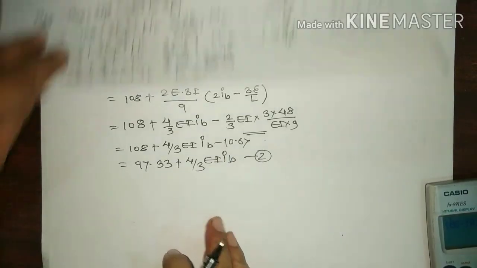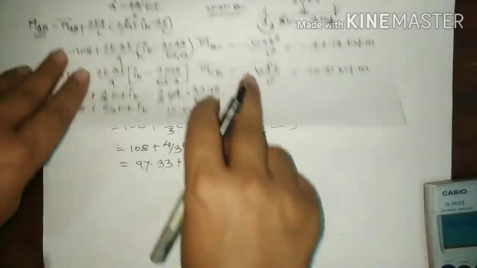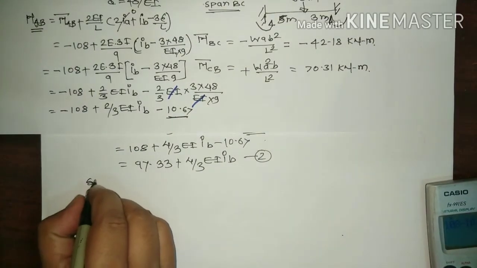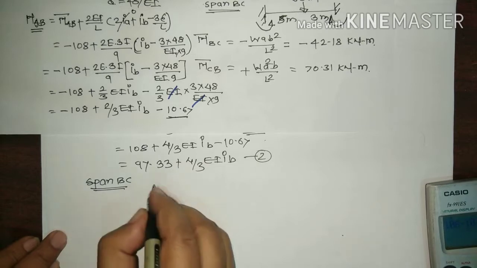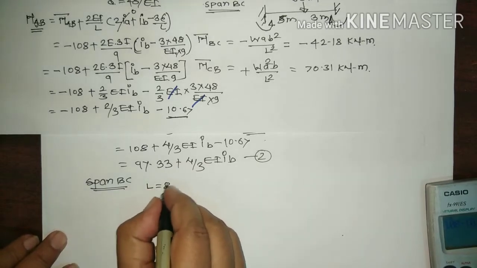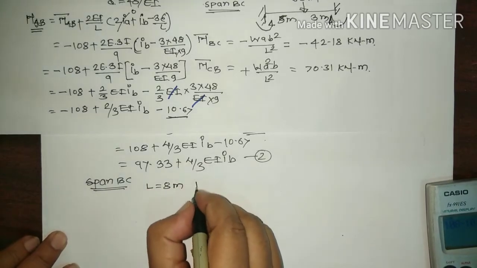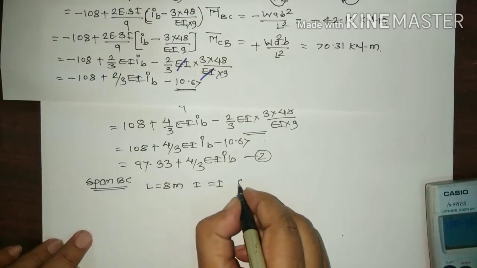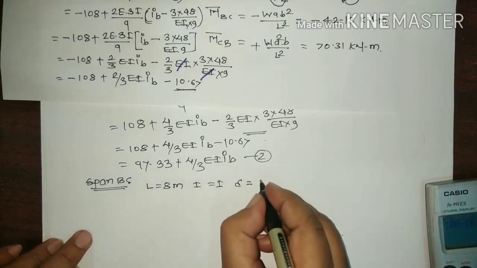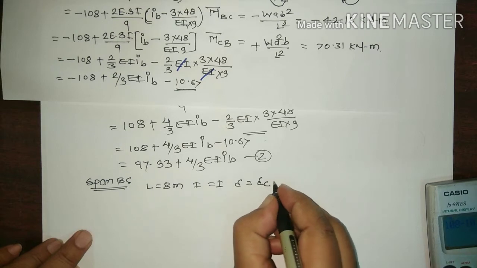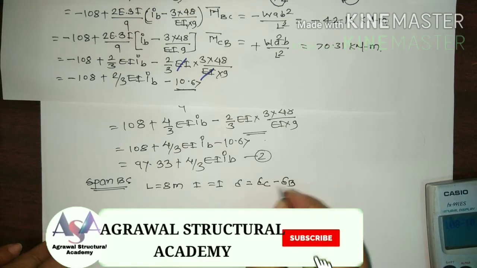Then go to the second span here. Now this is important. The span BC. Here L is equal to 8 meter. I is equal to I. Now delta, important is here. Delta is equal to, so BC. So take the leading edge first, leading joint, delta C minus the following joint.